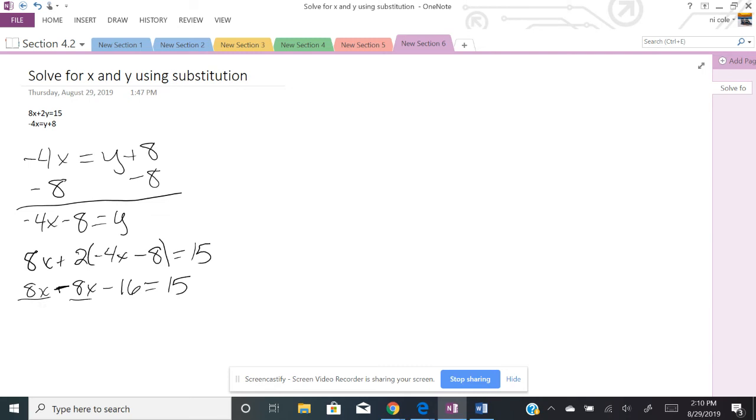Combine like terms: 8x minus 8x is 0, leaving negative 16, which equals 15. When you get this, this is not a true statement. Negative 16 never equals 15. Not true. So that means no solution.